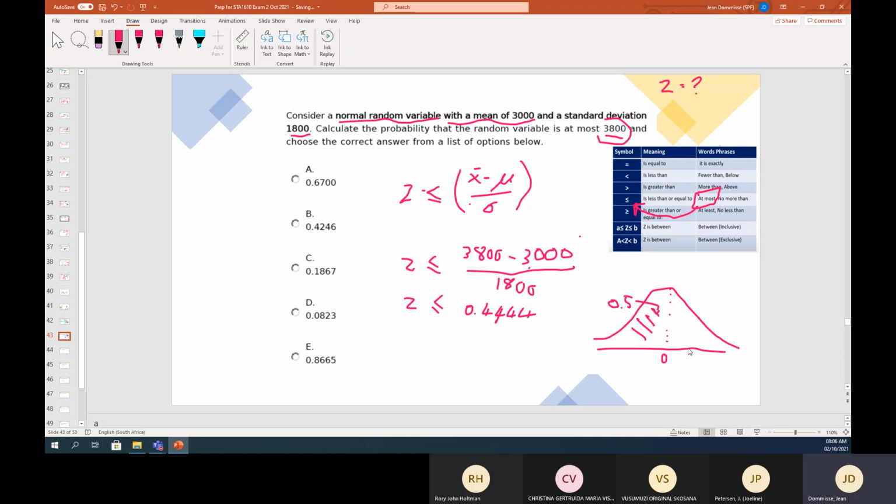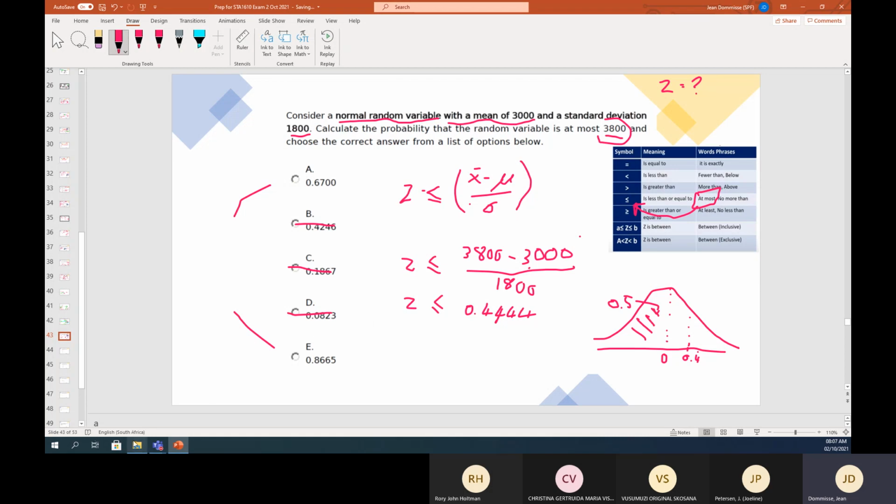So with a value like 0.444, it is going to be bigger than 0.5. I just want to narrow it down. That is not bigger than 0.5. That is not bigger than 0.5. So basically, I'm sitting with two options that it can be.